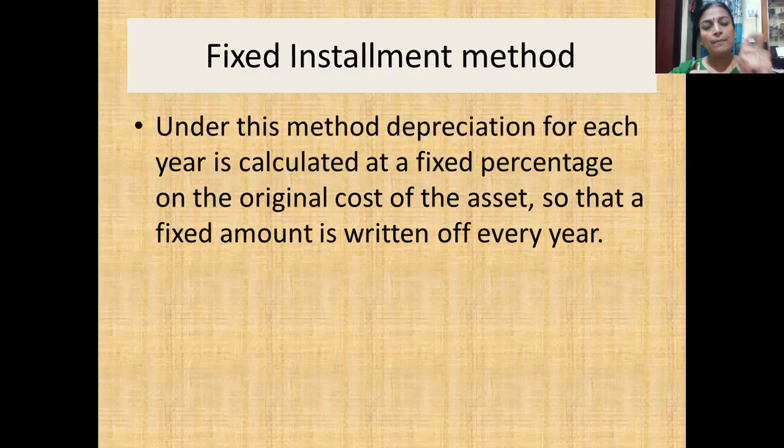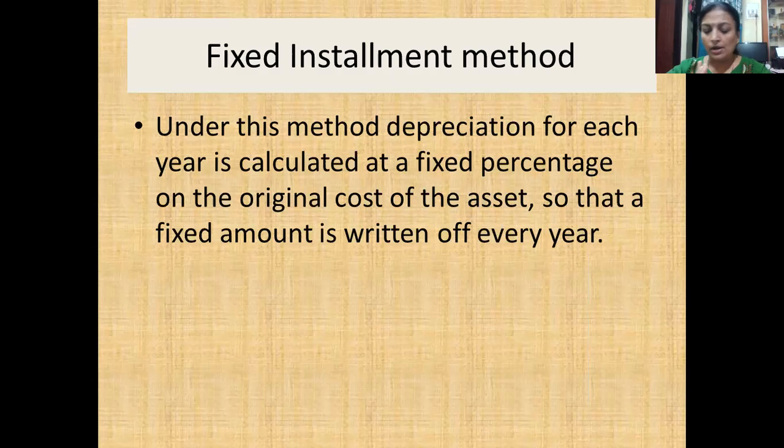So in the first year, 10% of 1 lakh rupees, the depreciation is 10,000, isn't it? In the case of the fixed installment method, in the second year again 10,000 rupees, in the third year again 10,000 rupees. Like this, every year this fixed amount will be deducted as depreciation, so that a fixed amount is written off every year.